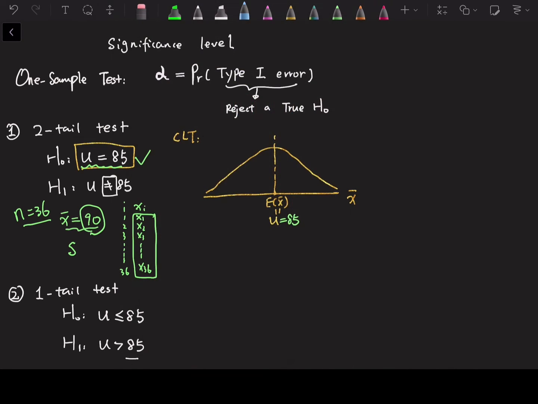If 90 is somewhere here, maybe it's very close to 85, or maybe 90 is somewhere here, a little bit farther away from 85.